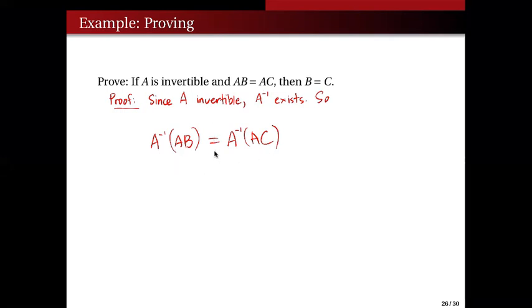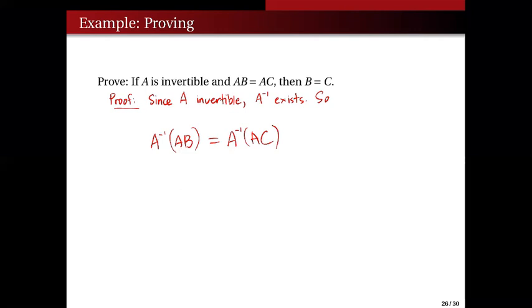That's from the property of equality. Furthermore, if you look at the left-hand side of the equality, if you multiply A inverse on the left of your factor AB, you have to multiply the A inverse on the left of the factor AC too.